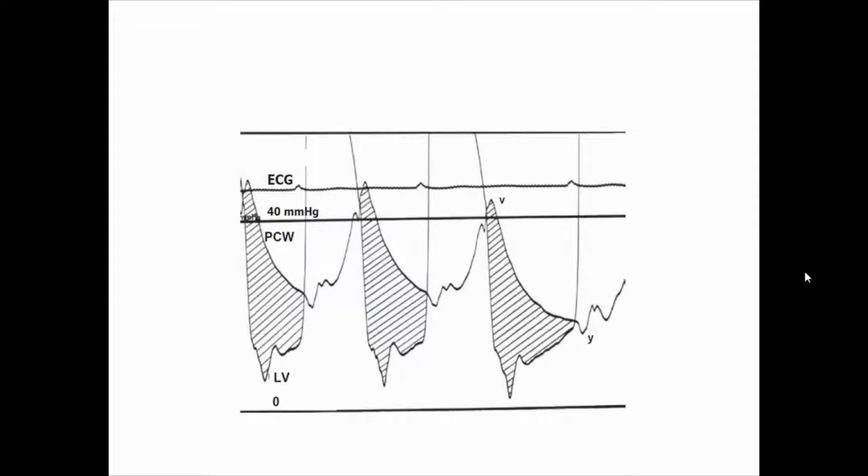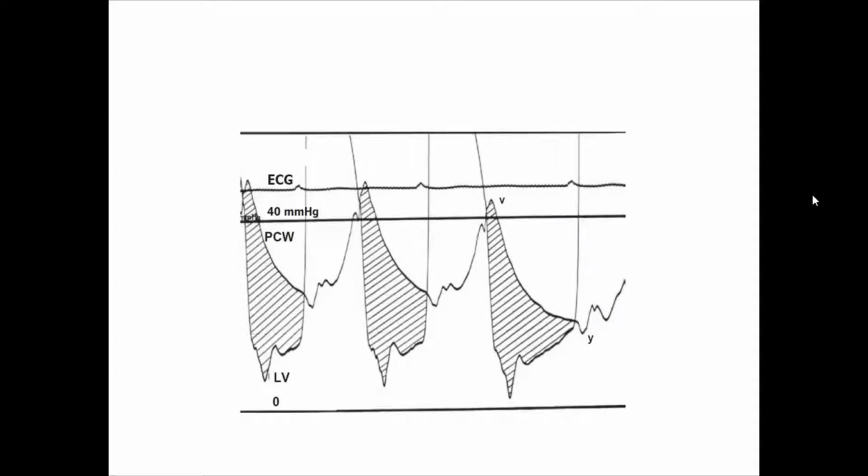Go ahead, Muawiyah. So this is a tracing between the LV and the left atrium, or the pulmonary capillary wedge pressure. Good. Because it is written here LV and written here pulmonary capillary wedge pressure, we can take it as left atrial pressure. Good? Yes.